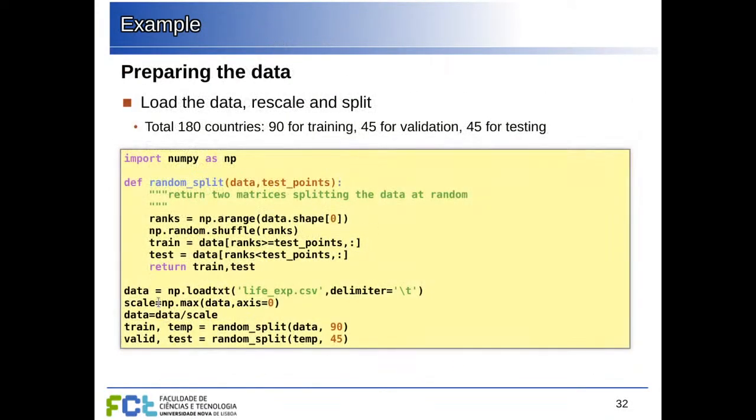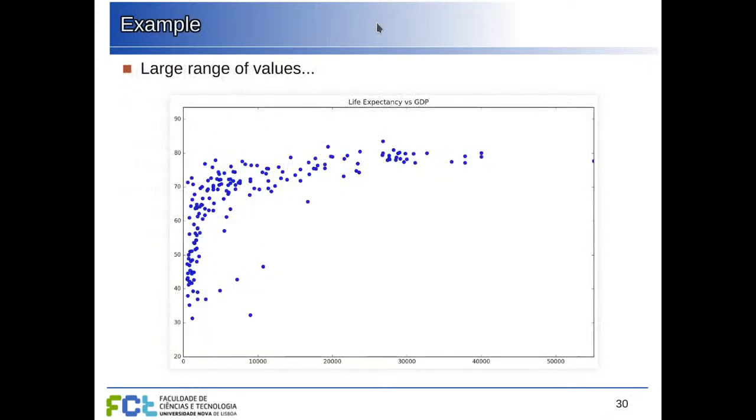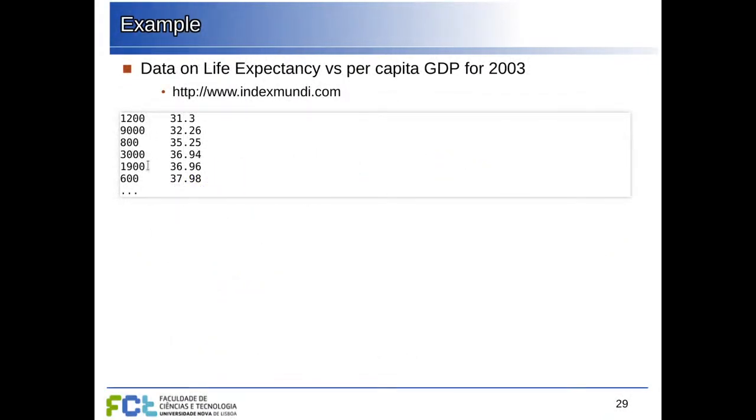And now we can obtain the scaling factors by using from the NumPy library this max function for our matrix, and specifying that the axis is the first axis. So the first dimension is along the rows, and this means that the maximum operation will be done in this direction.